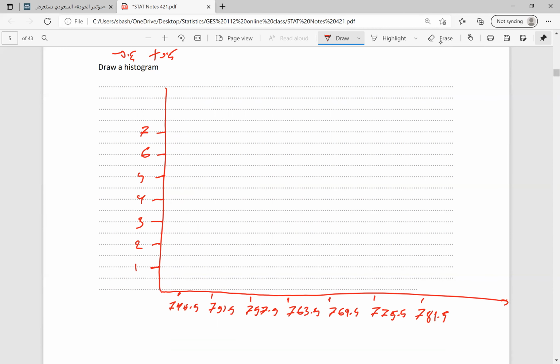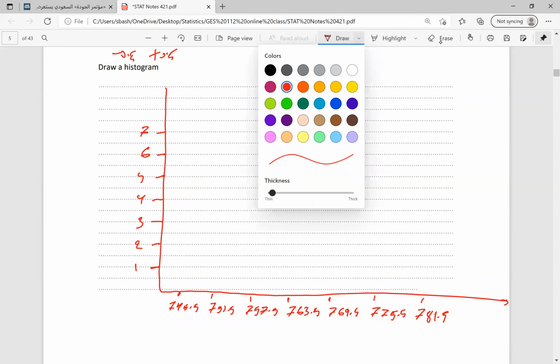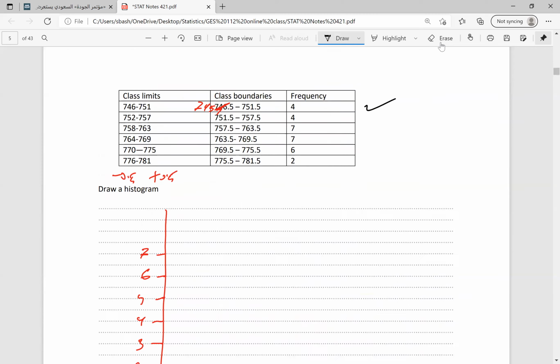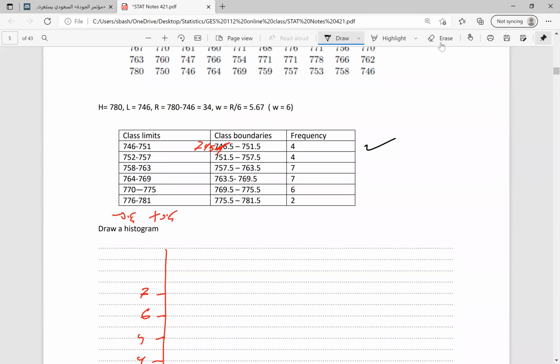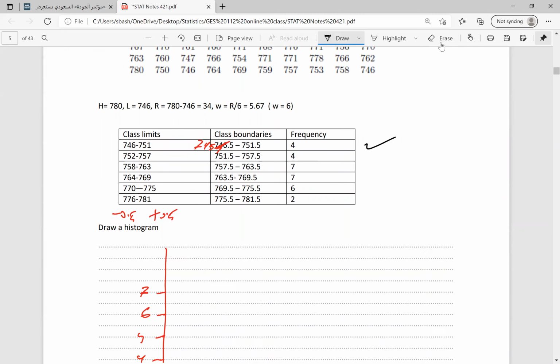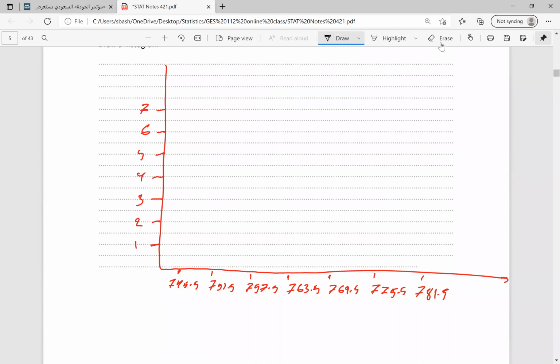Now the frequency for the first class is 4. I have 4, 4, 7, 7, 6, 2. So the first two are 4. So this is 4. This is the first one. Second one also.